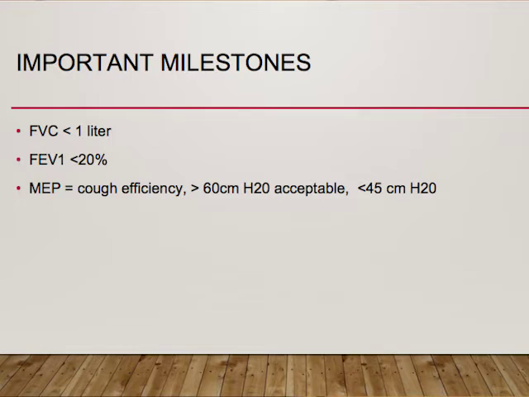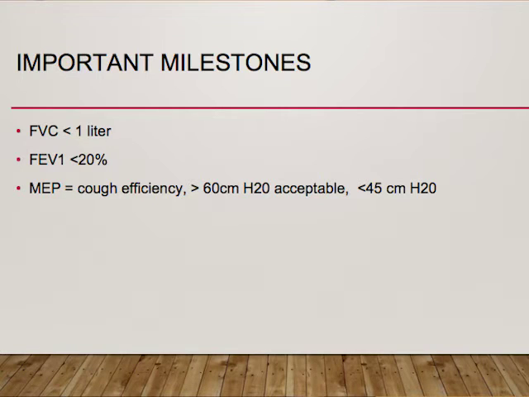Some important milestones. The forced vital capacity is a good one to get a general sense of what the prognosis looks like for a patient. When it's less than a liter, we become increasingly concerned about things where we're actively recommending some sort of assisted ventilation. The FEV1, when it becomes lower than 20%, and FEV1 is the amount of flow that occurs after 1 second.